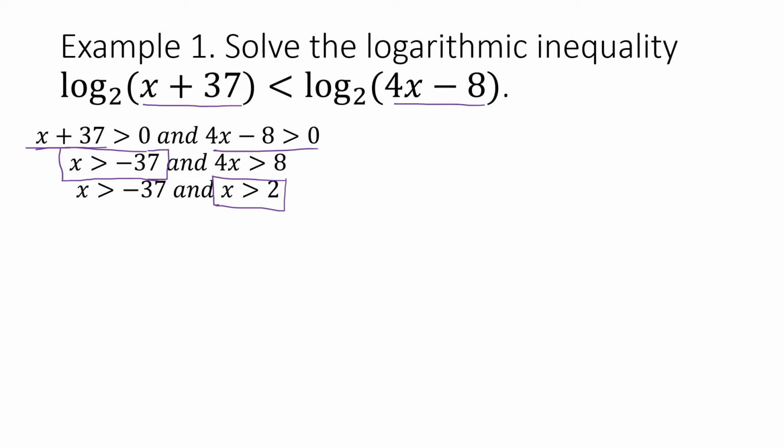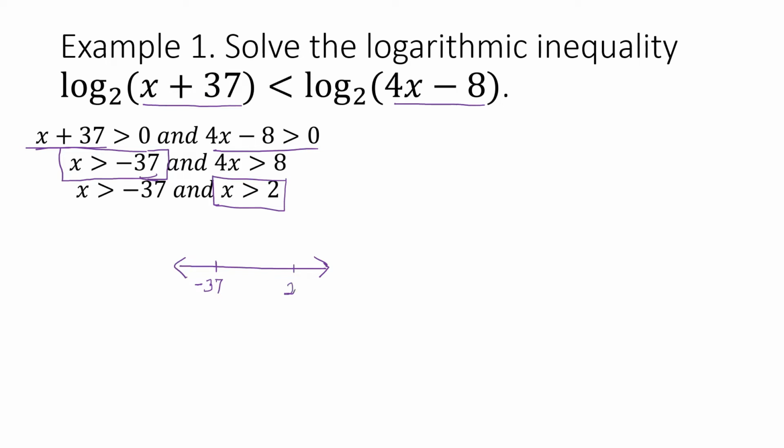Now, combining these two, we will be needing a number line. Let us locate negative 37 and positive 2. Any negative number is to the left of any positive number. So if negative 37 is here, 2 is somewhere here to the right of negative 37.